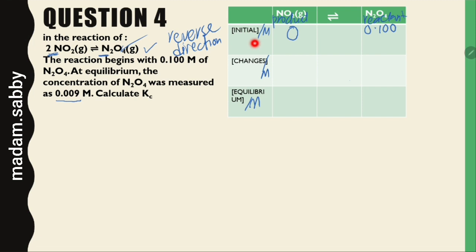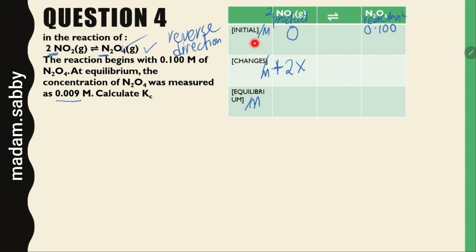Okay, first let's fill up the ICE table. N2O4, and you are supposed to have 2 NO2 here. Since NO2 is being produced, it's positive, and we have 2 moles of NO2, so the change is 2X.